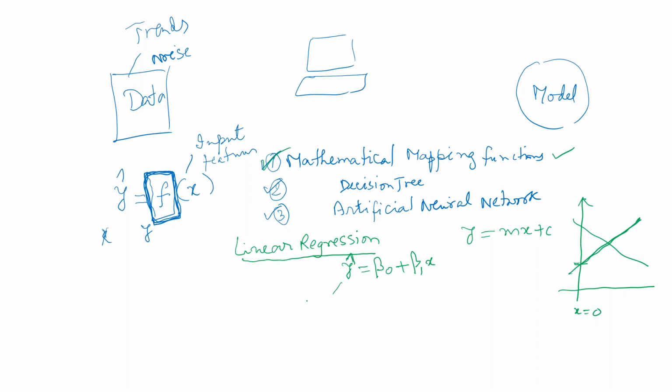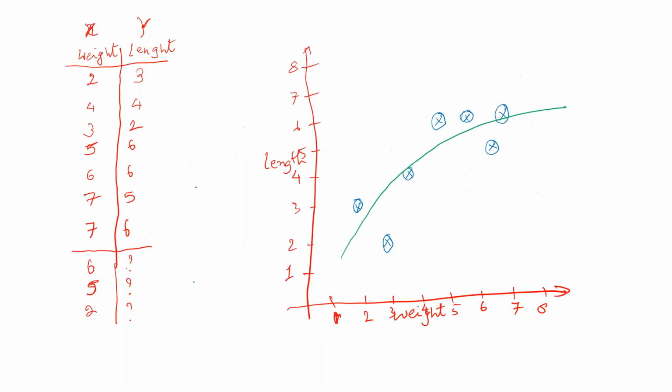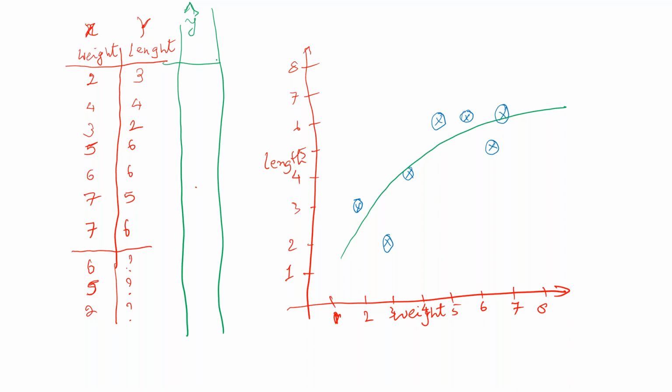Y hat is nothing but the predicted variable, predicted y. It's not actual y, it's predicted y. If you go back here, the length y is the actual y, so it will also calculate this y hat, the predicted y for that weight.